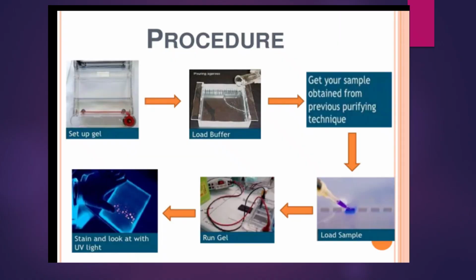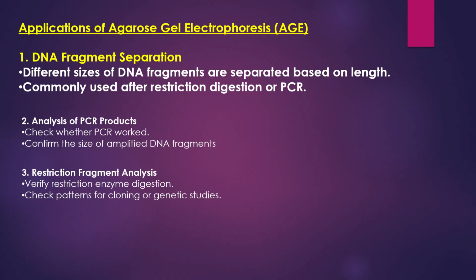So the first procedure is to set up the gel, load the buffer, load your DNA sample, then run the gel, stain, and visualize with UV light. This is the common procedure. Now the applications are generally DNA fragment separation, analysis of PCR products, and restriction fragment analysis.